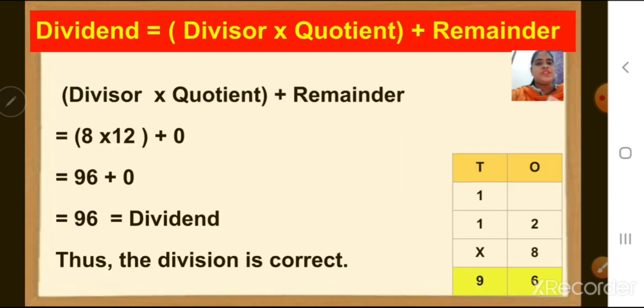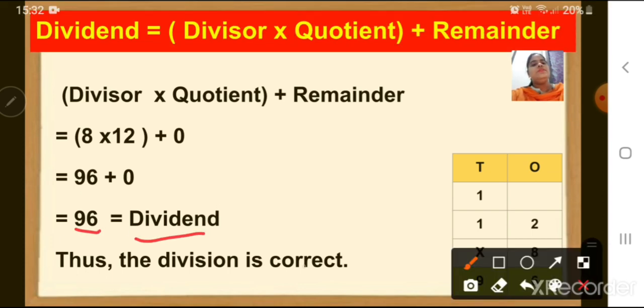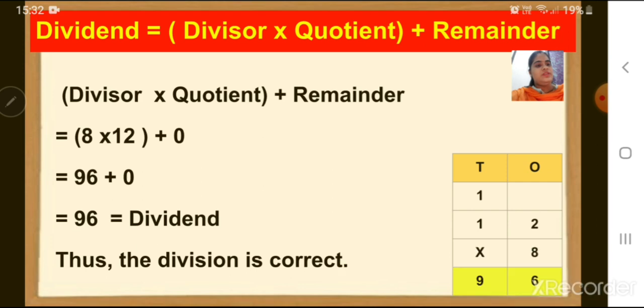Now children, substitute all the numbers. So it will be 8 into 12 plus 0. Now when we multiply 8 into 12, you will get 96, which is equal to our dividend. So that means the division is correct. Note down children properly in your notebook.